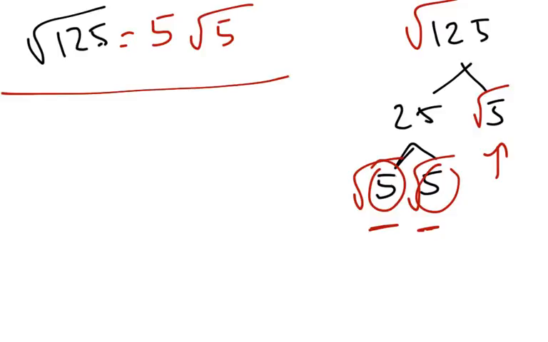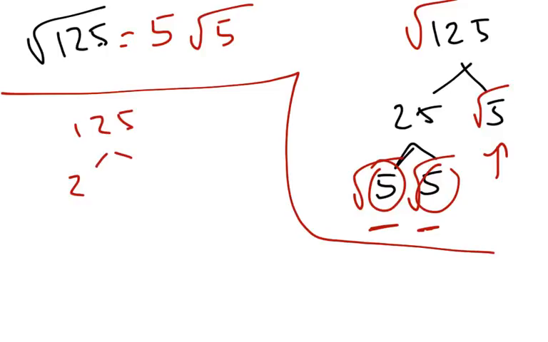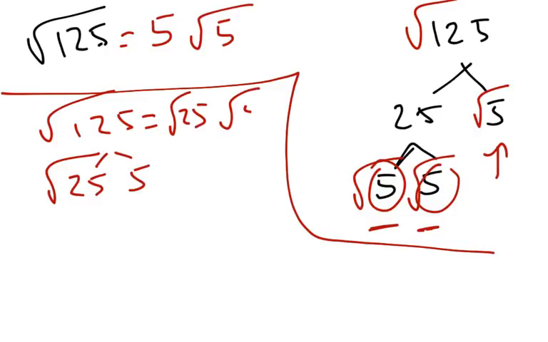Now, the second process that I showed on the previous problem, you can do also. 125, break it into 25 and 5. But right now, you see that 25 is a perfect square. So I can rewrite the square root of 125 as the square root of 25 times the square root of 5. The square root of 25 equals 5.